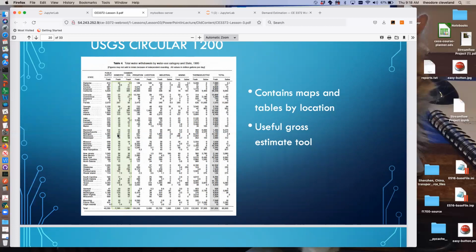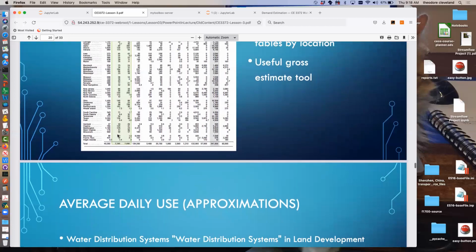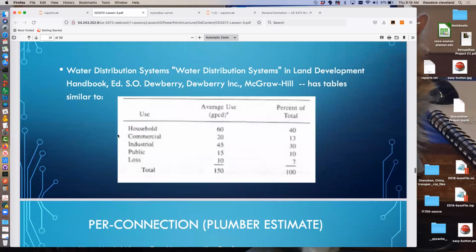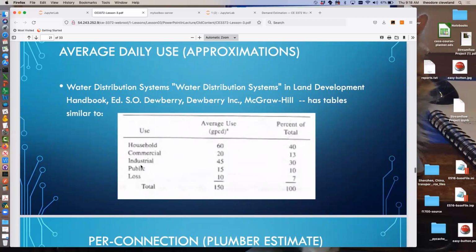At some point, it comes down to the water use per person per day, depending on the category. It's not the easiest book in the world to use, but if you want any number, that's definitely the book, because it's got every number in the alphabet in it. Another approach would be to look at our land development handbook and use a tabulation that has average use, gallons per capita per day, by different categories.